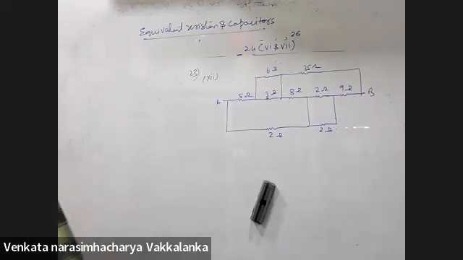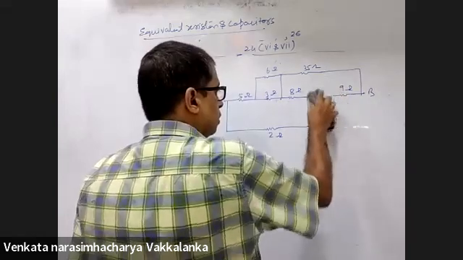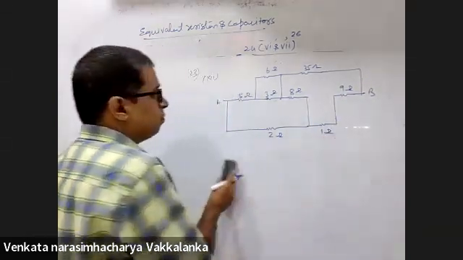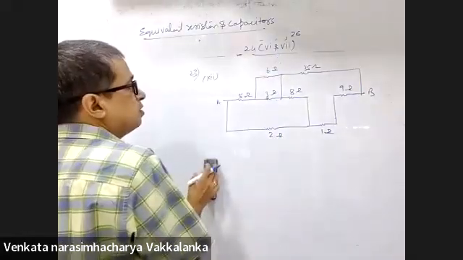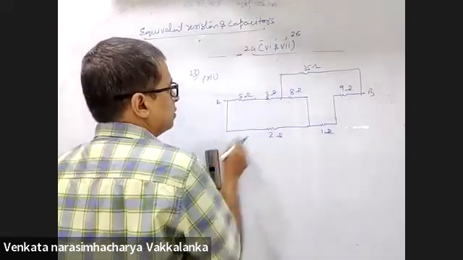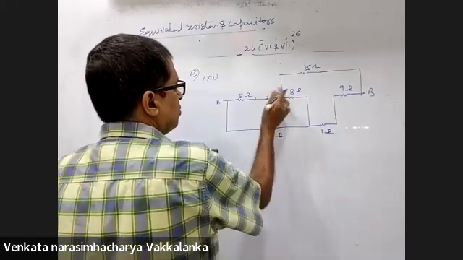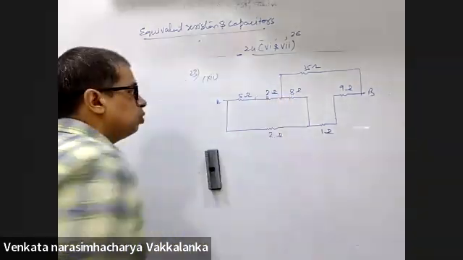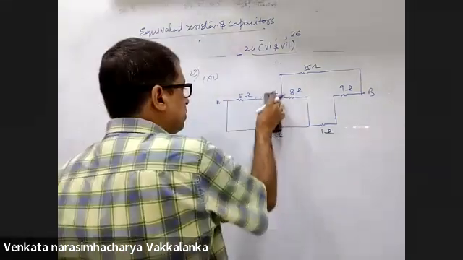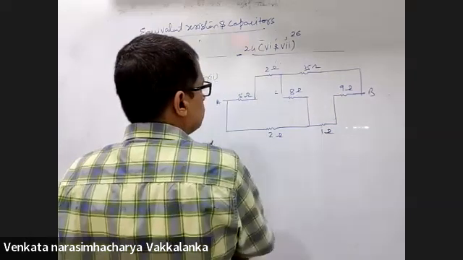Okay. Two and two in parallel, equivalent resistance will be 1 ohm. 6 and 3 are in parallel. Do you agree with that? Yes, sir. Equivalent resistance will be 2 ohms. 6 and 3, 2 ohms here, right?